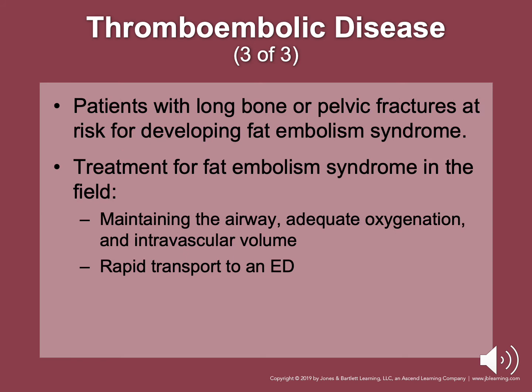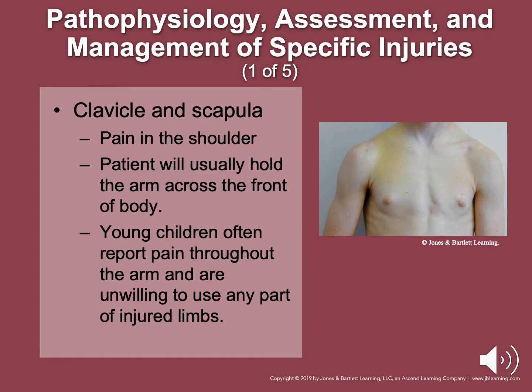Pathophysiology specific to certain injuries. The clavicle and scapula: the clavicle is one of the most commonly fractured bones. Fractures of the clavicle occur more often in children when they fall on an outstretched hand. It can also occur with crushing injuries to the chest. The patient will report pain in the shoulder and usually holds the arm across the front of his or her body.